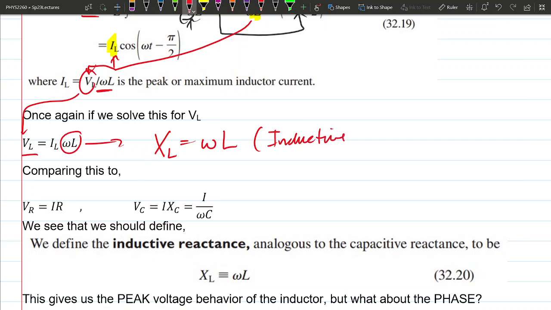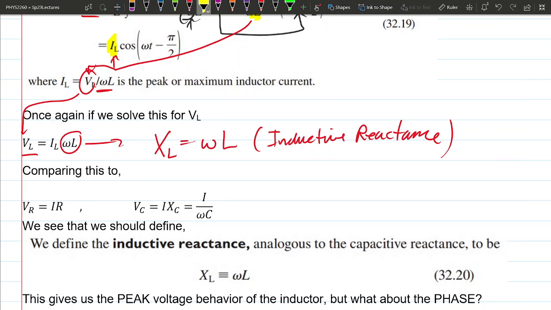Same thing as the capacitive reactance before, but now it's for the inductor instead, so it has a different dependence. It's proportional to omega as opposed to 1 over omega. It's also proportional to L, okay?